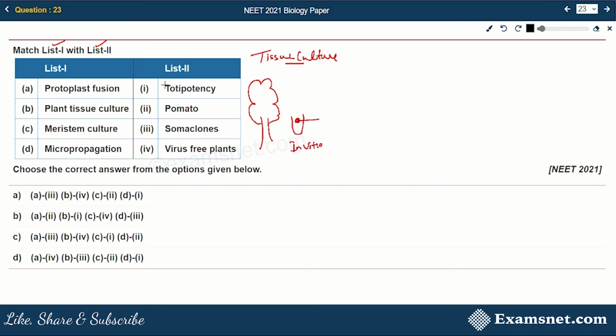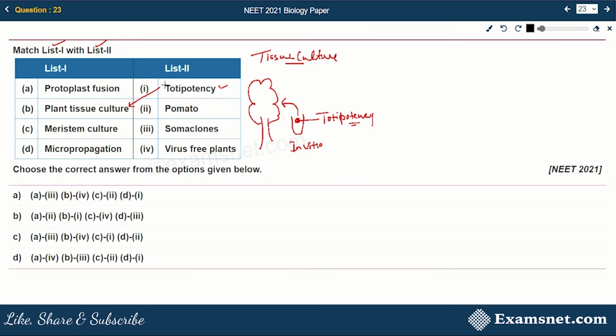That means this cell or part of the plant has the potential to grow into a whole plant body. So this potential or capacity is known as totipotency. Okay. So the word totipotency is related to plant tissue culture.